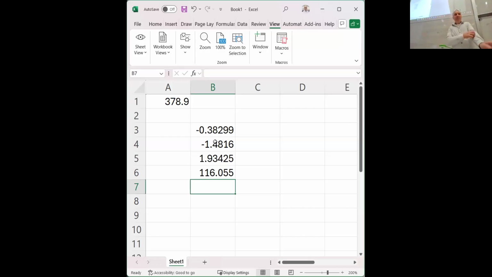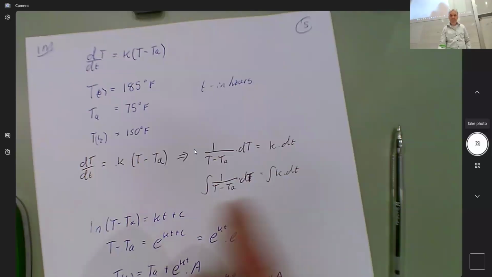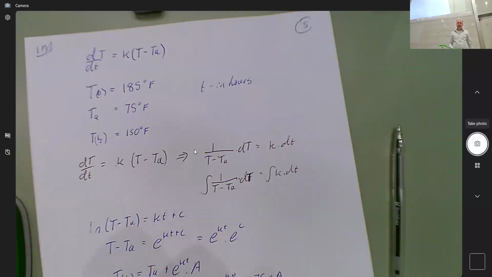So when we're talking about Newton's law of cooling, I think the key parts, I don't know that they will expect you to do the differentiation, solve the differential equation.